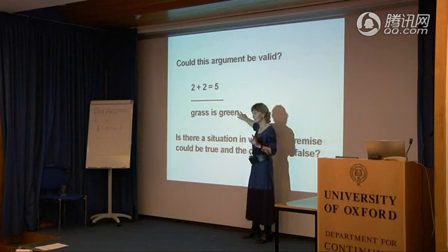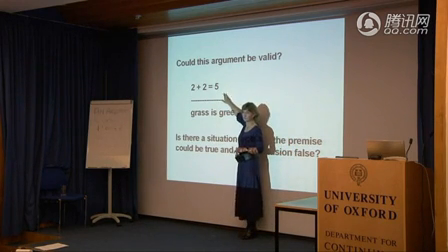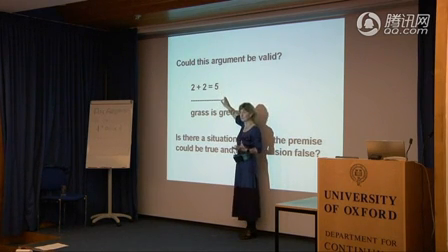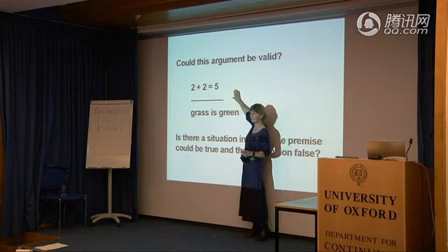And the reason for that is there's no possible situation in which that premise is true, is there? That premise is a contradiction. And you may have heard the saying, anything follows from a contradiction. And the reason anything follows from a contradiction is that a contradiction must be false. So there's no possible situation in which the premise is true.